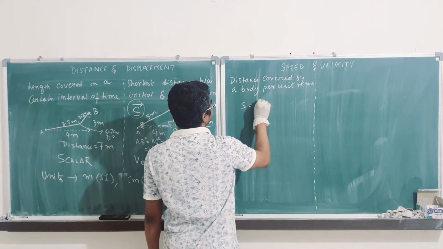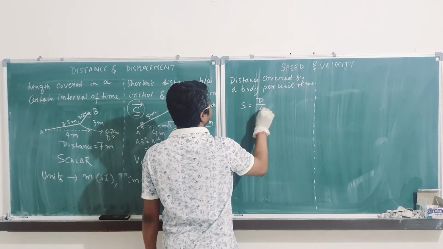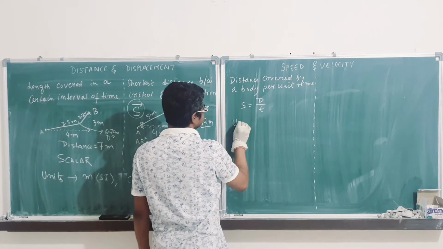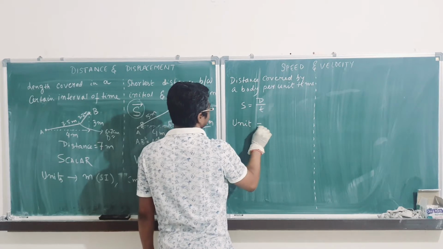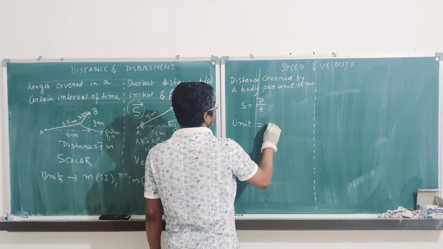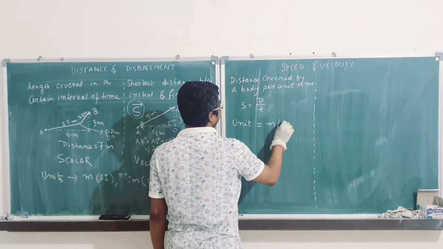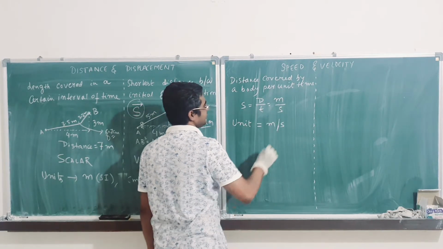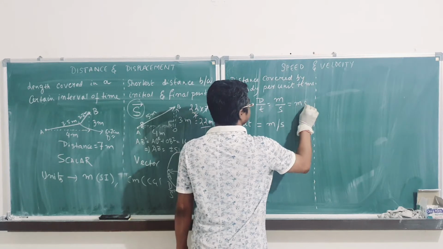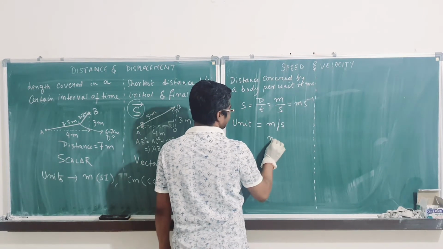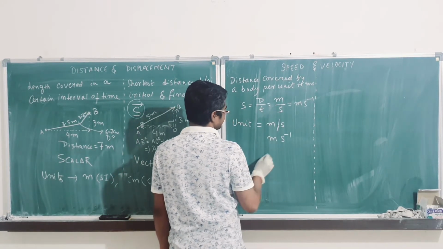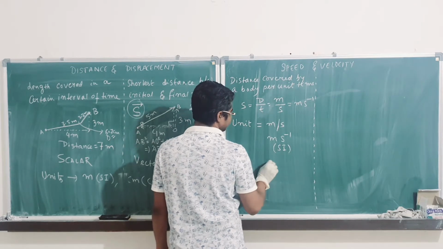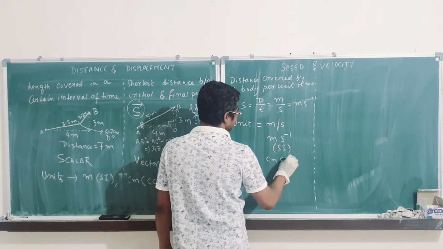S is equal to distance by time. Unit is meter per second, because here it is meter per second, correct? So here you can write meter second minus 1. This is SI, and for CGS it will be centimeter.